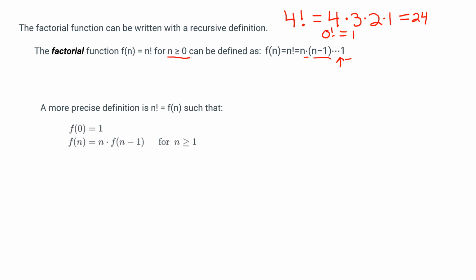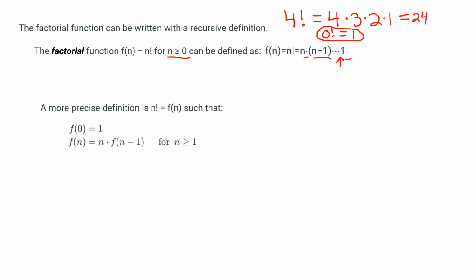So a better definition for the factorial function would be something like this, where we first start by having the value of f of 0 be defined as 1. That way, we get this 0 factorial equals 1 problem out of the way.